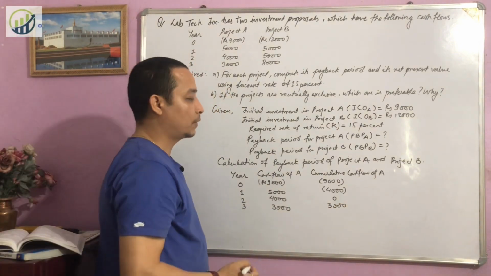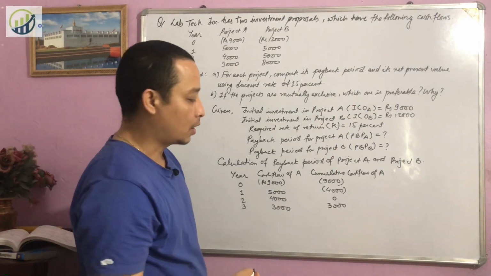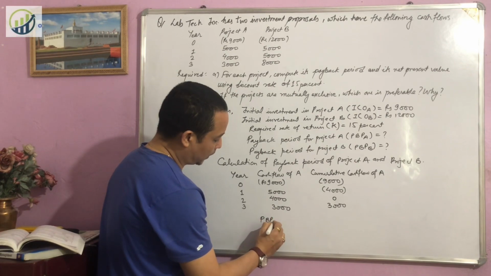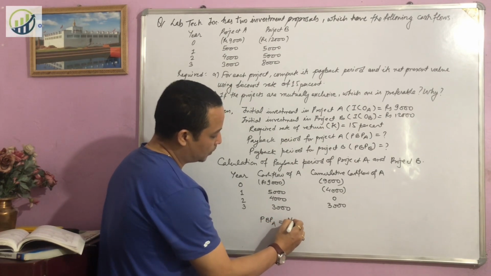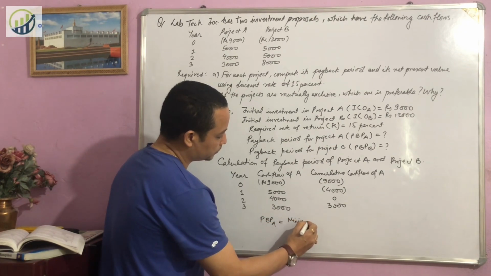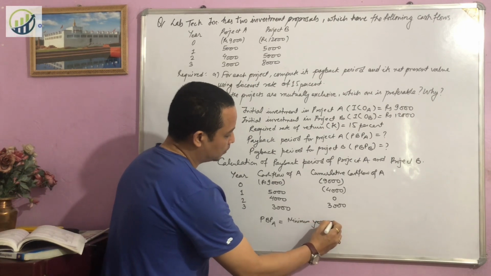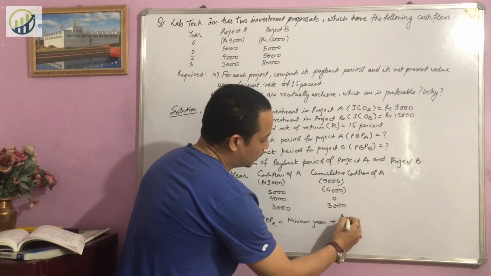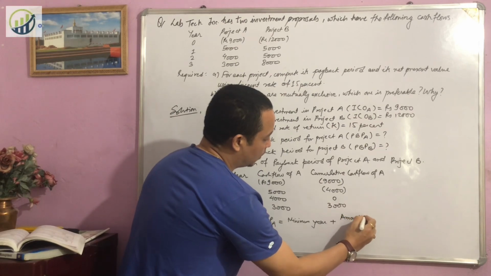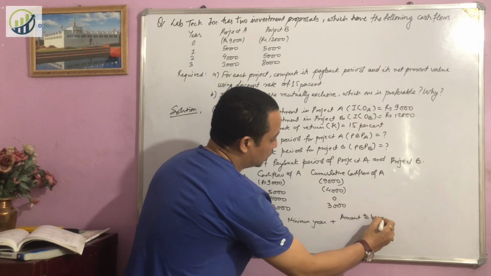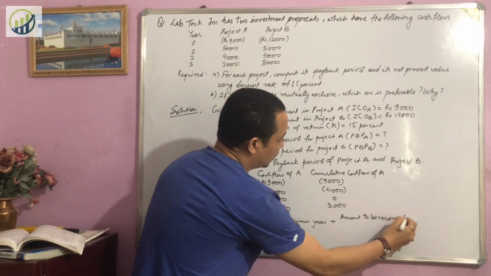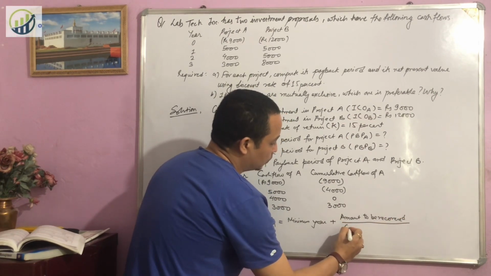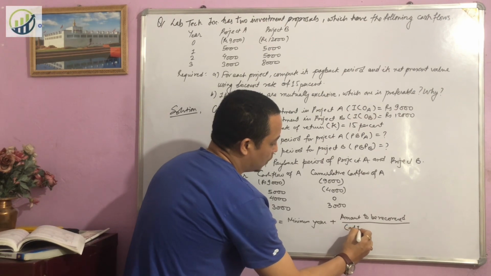Now to find the payback period of project A, you have the formula: payback period of A equals minimum year plus amount to be recovered upon cash flow of next year.